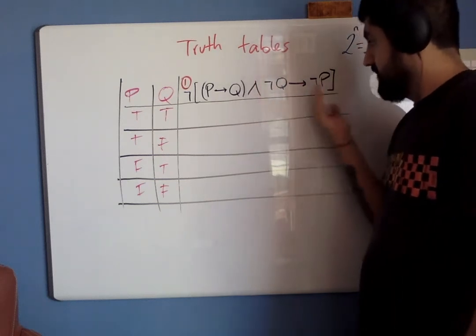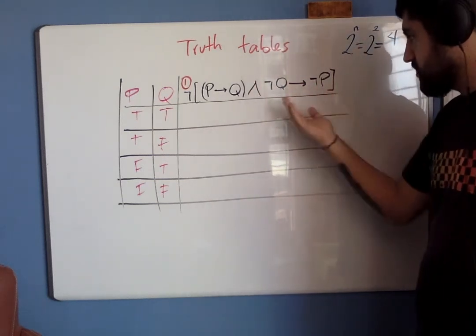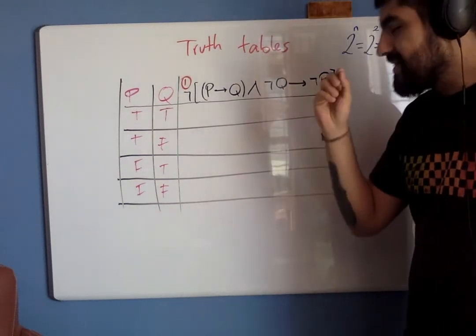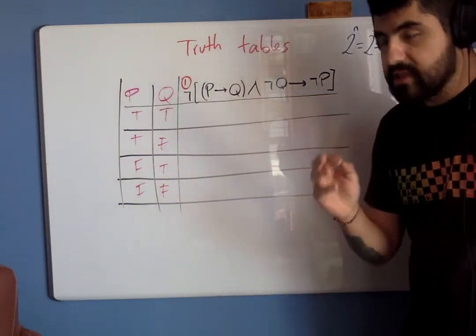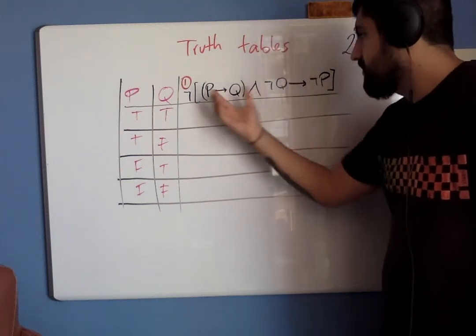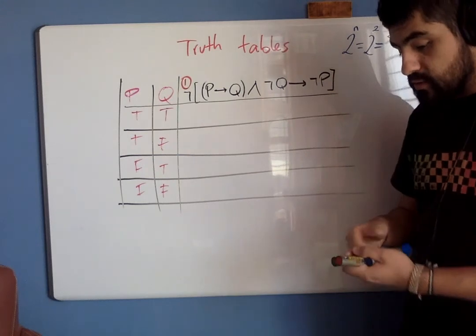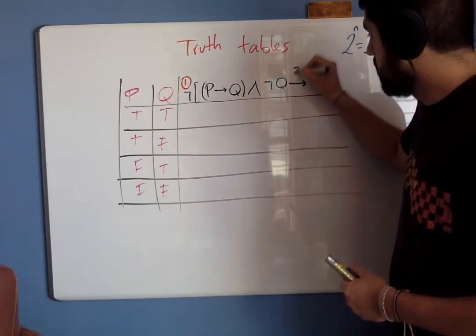In this part of the expression, we need to be really careful. The most important logical connective, or well, the secondary logical connective, because we already have the most important one here in the negation, is going to be this conditional.